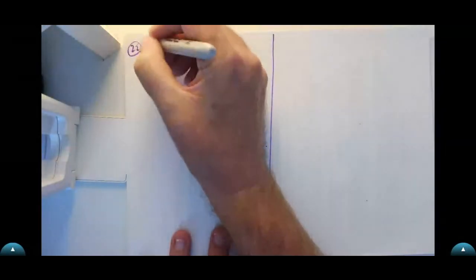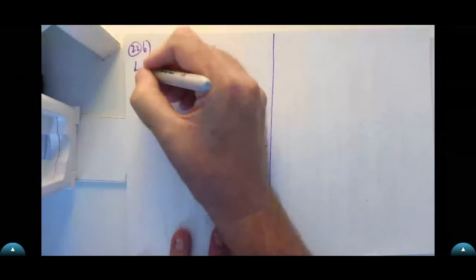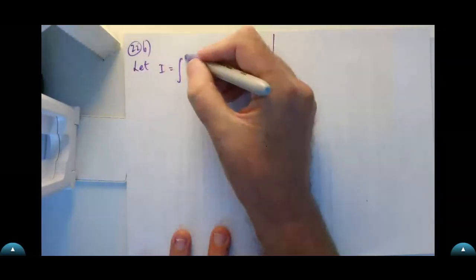So let's go back to our Chrome tab and we can make some notes. So this is 22b. All right, so I'm going to let I be this integral.